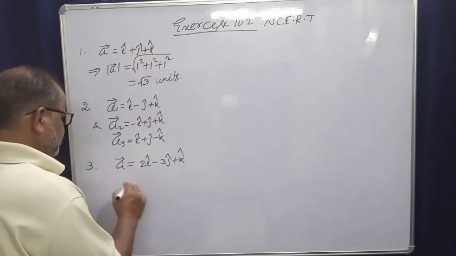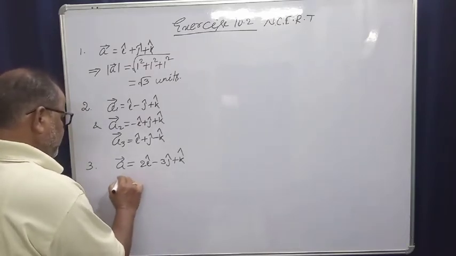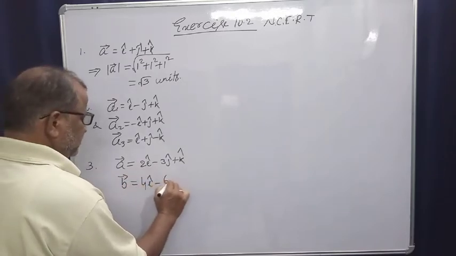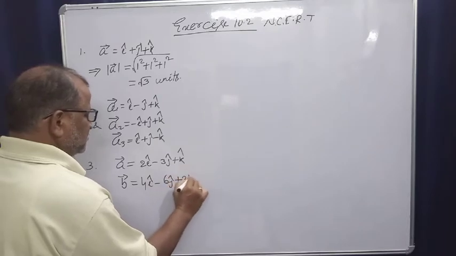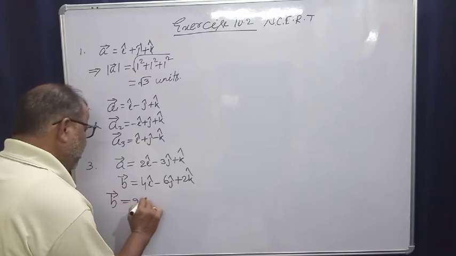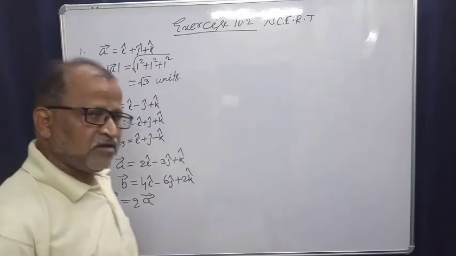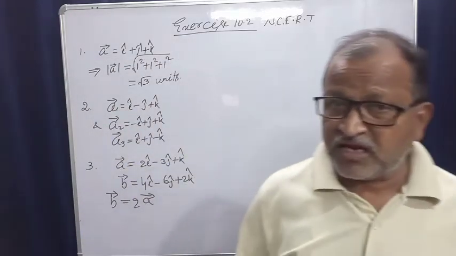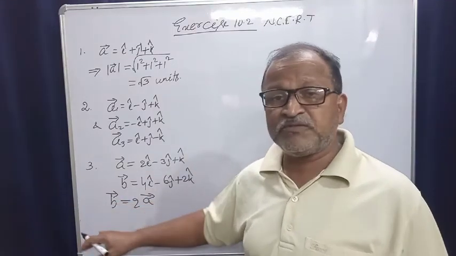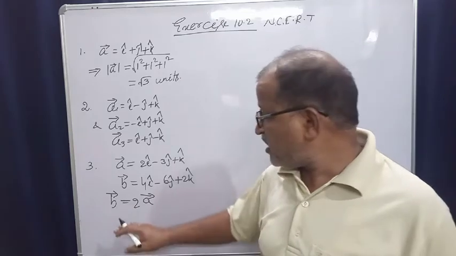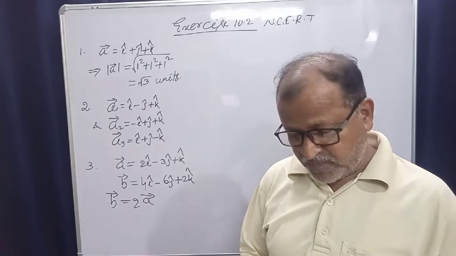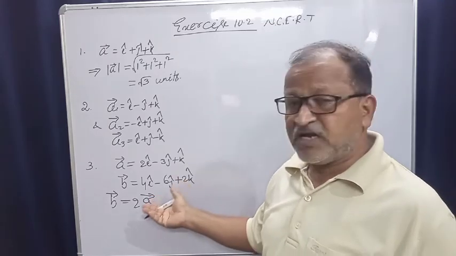And B is 4 I cap minus 6 j cap plus 2 k cap. That means here B is a scalar multiple of A. Right? And that scalar is a positive scalar. So these two vectors have same direction but have different magnitude. You try yourself. You take different examples.